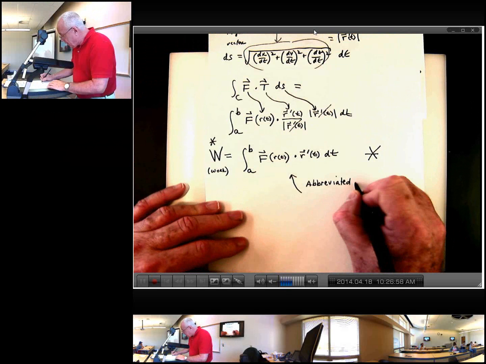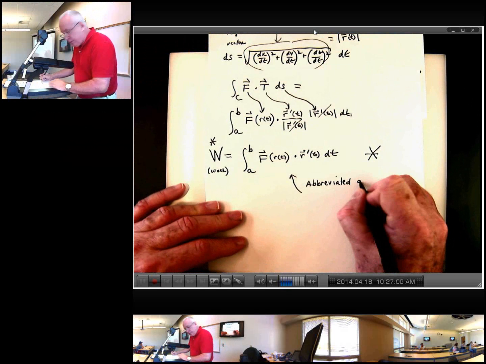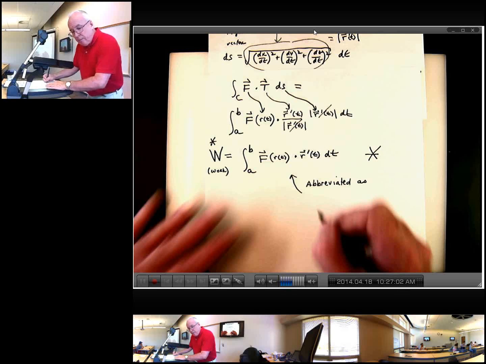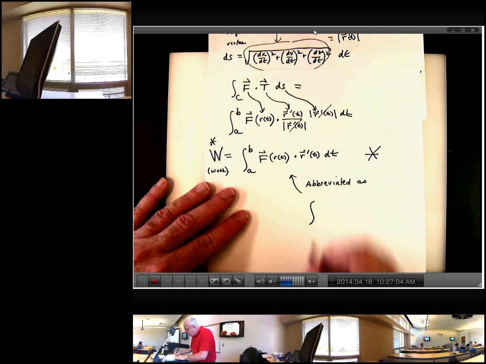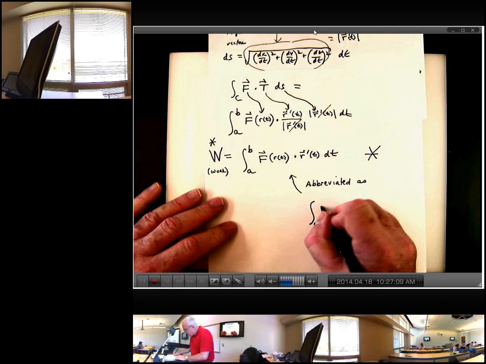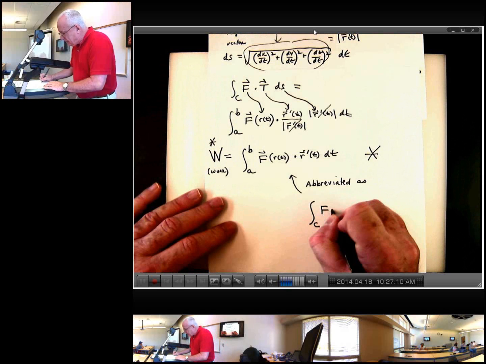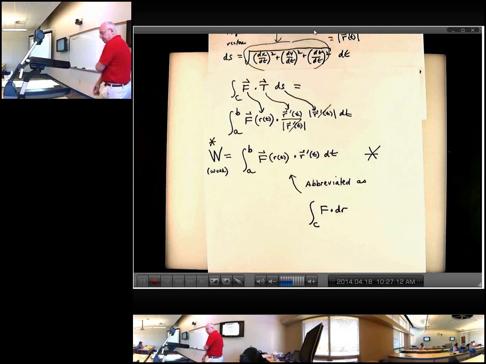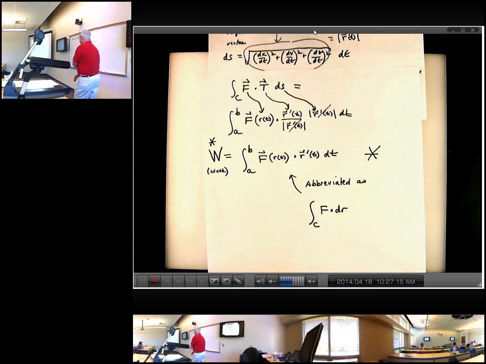Abbreviated as this, basically we have an integral over C of F dot dr, all right, like that. So that's an abbreviation for this thing right up here.